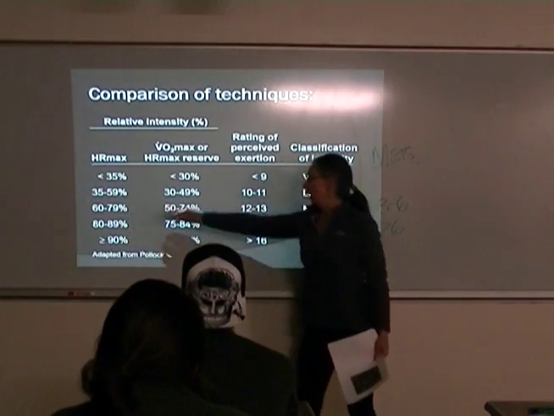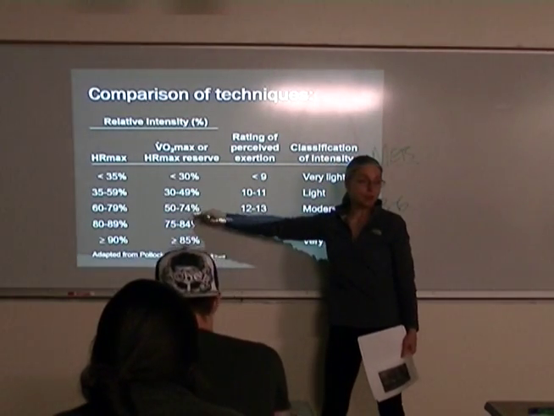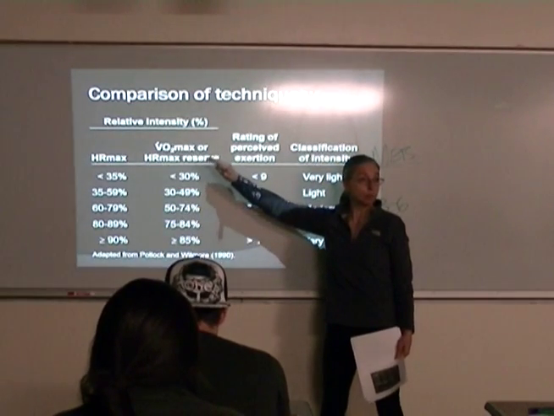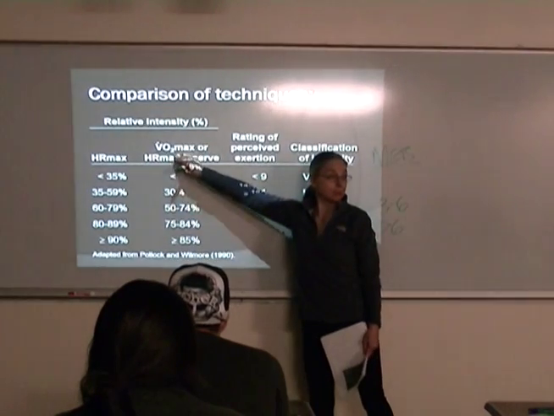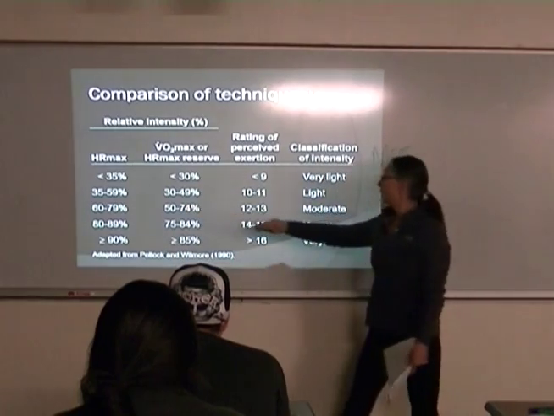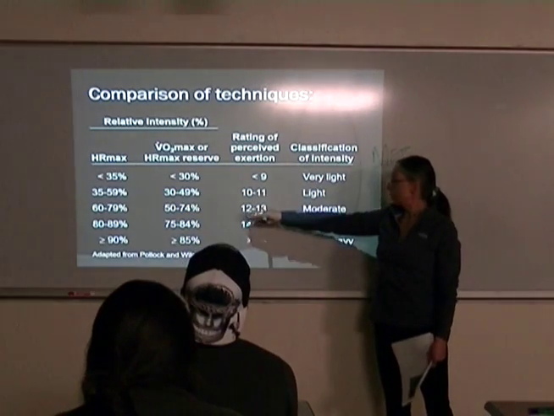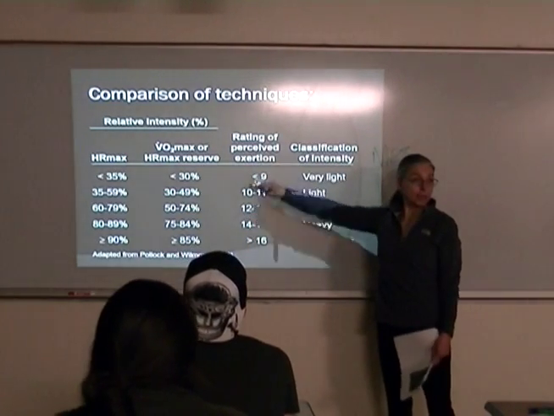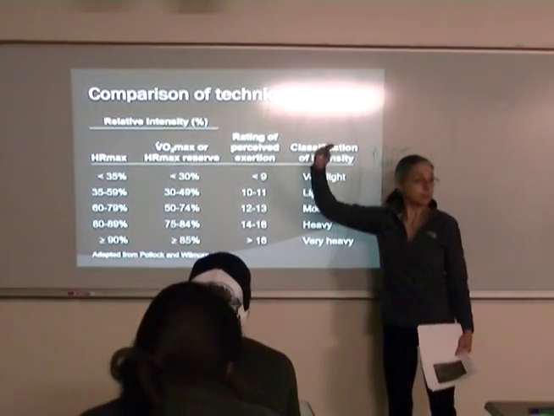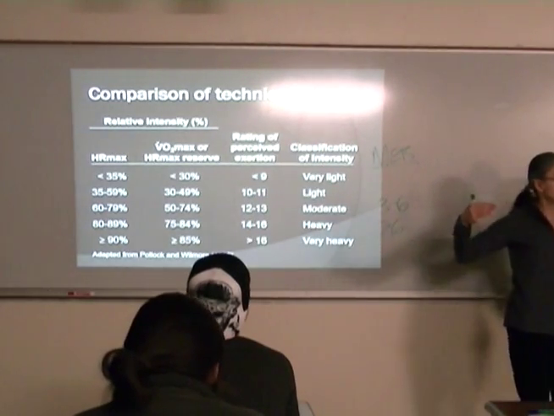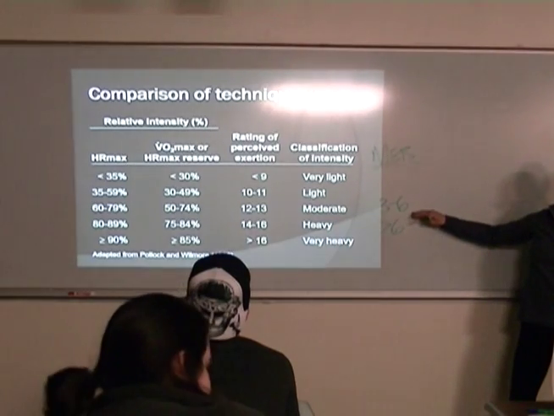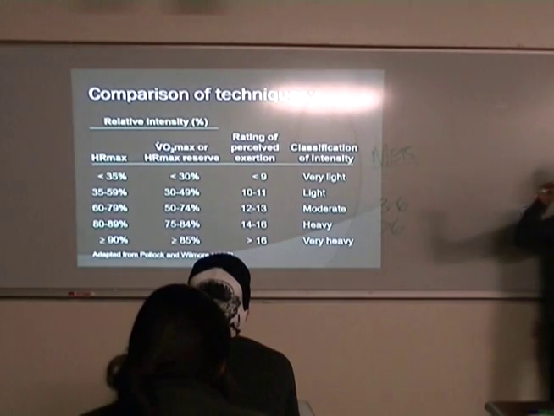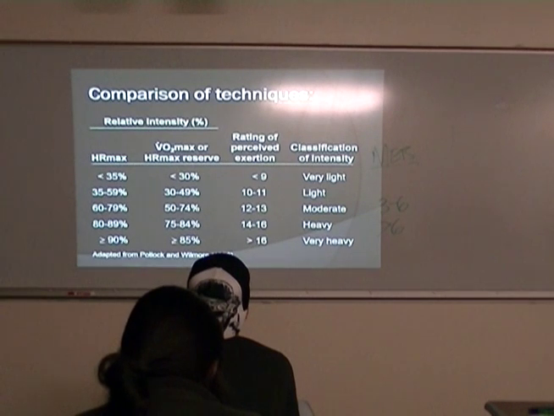Right? It would be 50 to 74% of my VO2 max, and I can use heart rate reserve to estimate that. It would be 12 to 13 on an RPE Borg scale, a 6 through 20 scale. And it would be 3 to 6 METs. Right? So you can see the comparison across.